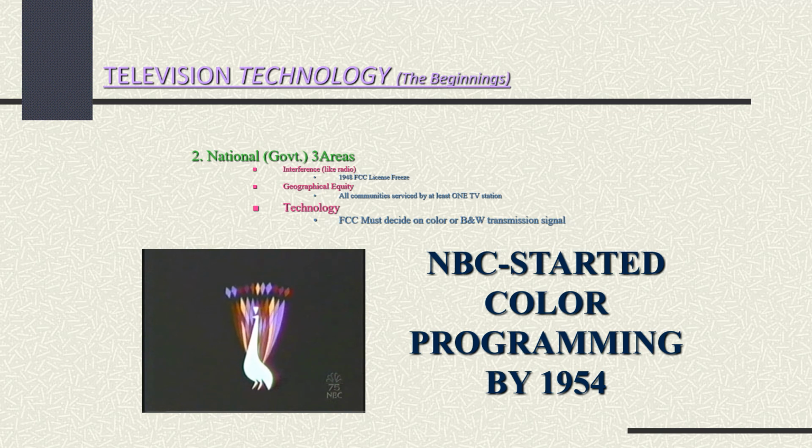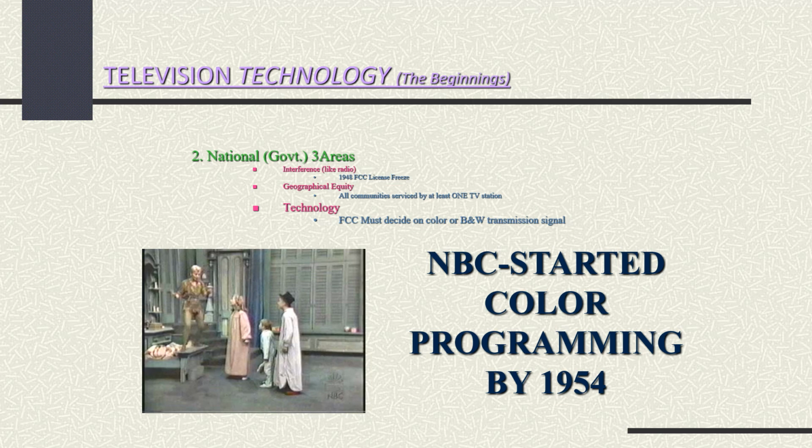"The following program is brought to you in living color on NBC." And this is actually where the NBC Peacock is born. It is a signal to viewers that the next program is going to be in color, as opposed to being in the black and white form.